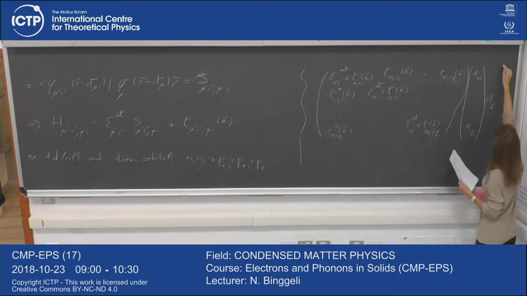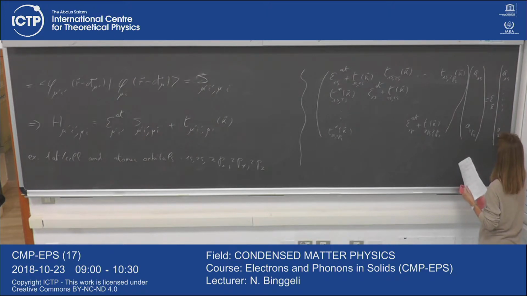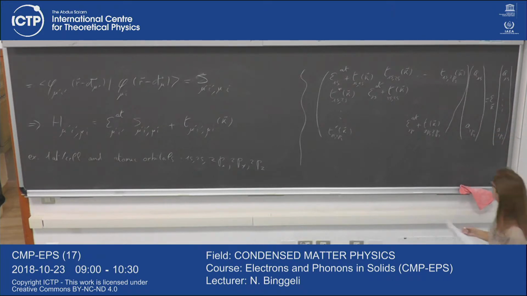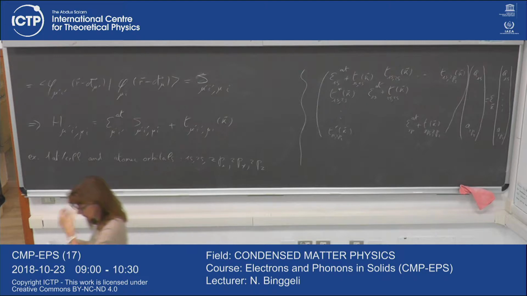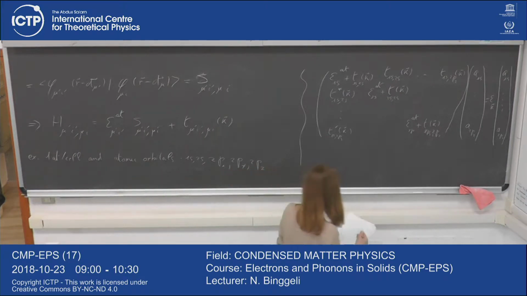So here one has epsilon of k, and then one has A1s and so on, A2pz. So this is the matrix eigenvalue eigenvector equation that one would have to solve for 1 atom per cell and 5 atomic orbitals, the ones I listed here. So this means one has a 5 by 5 matrix to diagonalize.